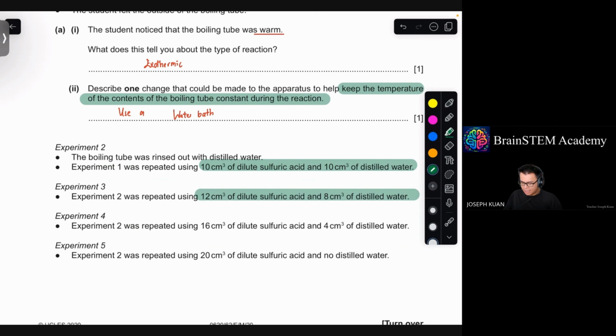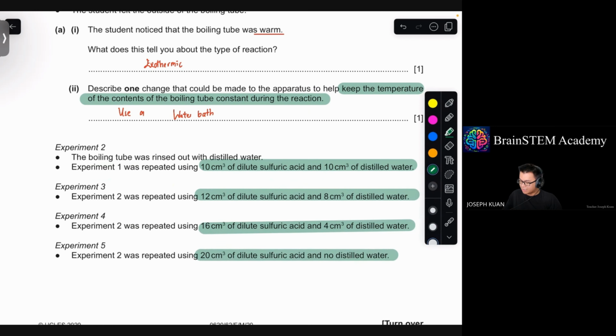Experiment 4 was repeated using 16 cm³ of dilute sulfuric acid and 4 cm³ of distilled water. And experiment 5 was repeated using 20 cm³ of dilute sulfuric acid and no distilled water.